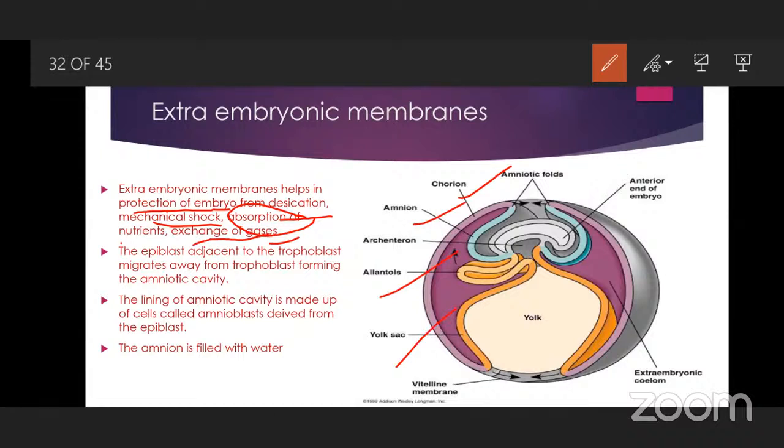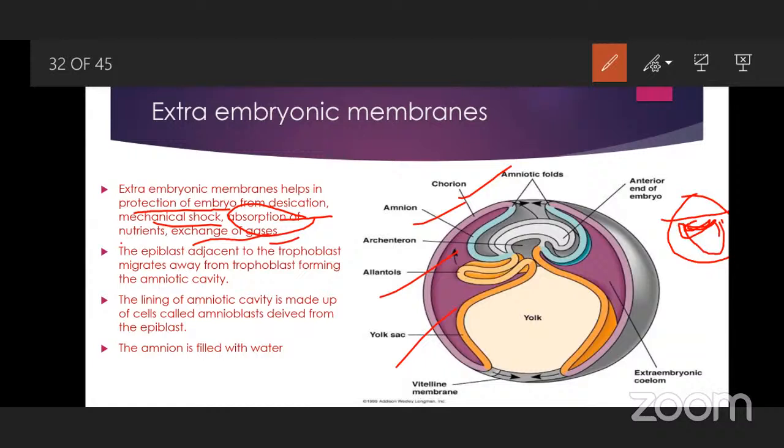In the earlier classes we have learned about the epiblast in the bilaminar embryonic disc. We have seen the outer layer was epiblast, the inner one was hypoblast. This hypoblast was present around the yolk.